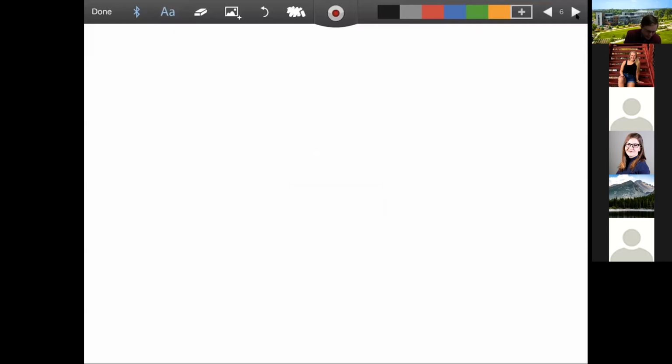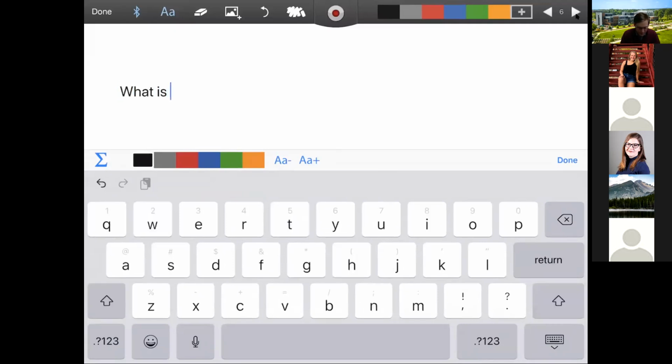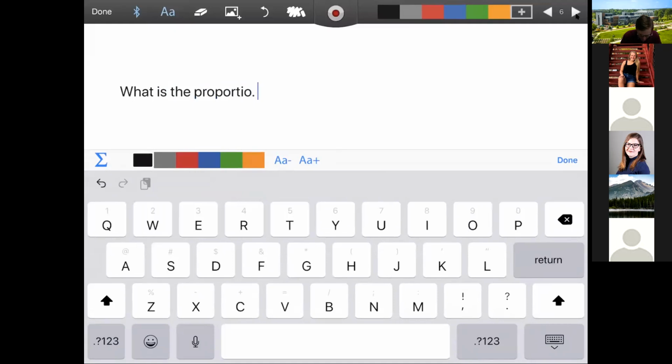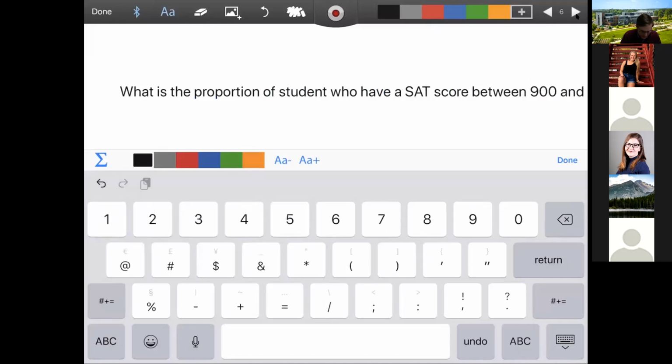So a word problem may look something like, what is the proportion of students who have a SAT score between, let's say 900 and 1350, given a mean of 1,000 and a standard deviation of 75?